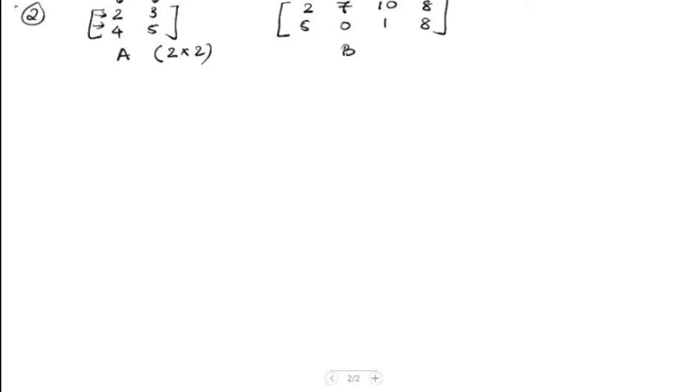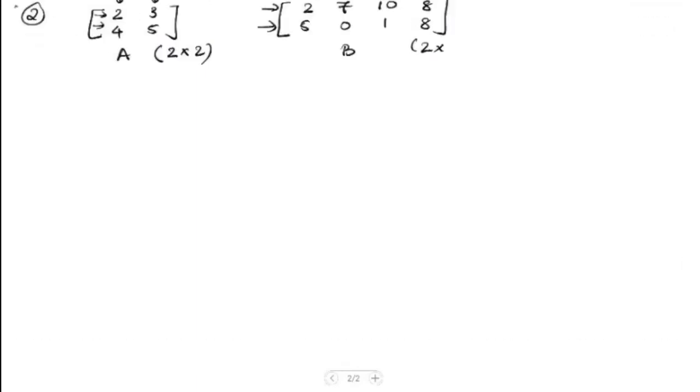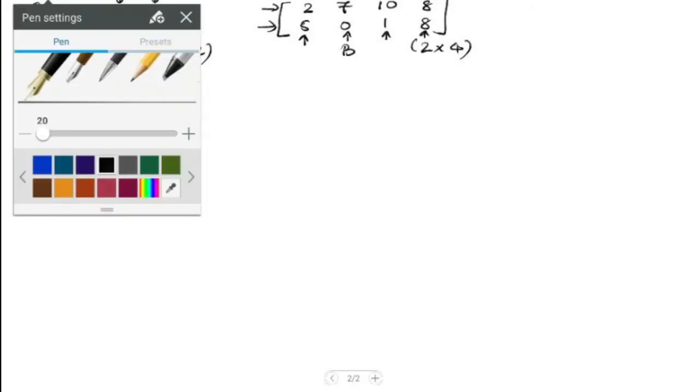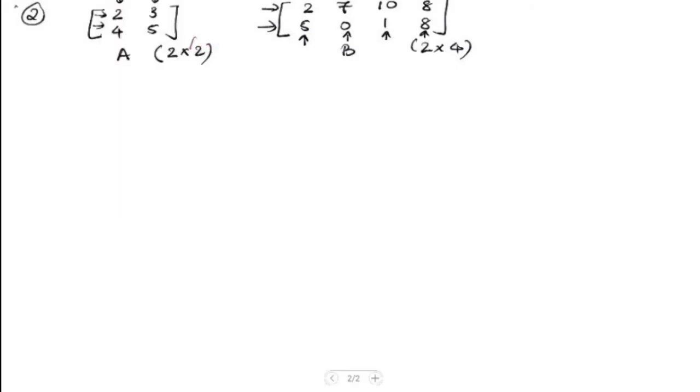And here for the size of B, we have again 2 rows. Sorry for that. The number of columns is 1, 2, 3, and 4. So we have 4 columns here. Now what we check is whether these 2 numbers here are equal.